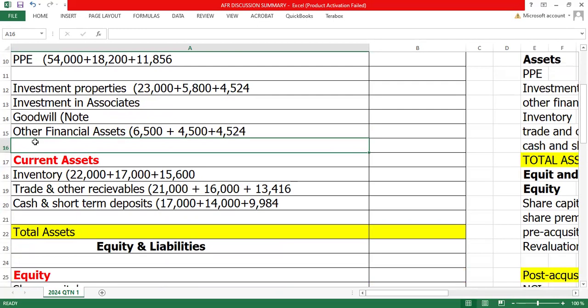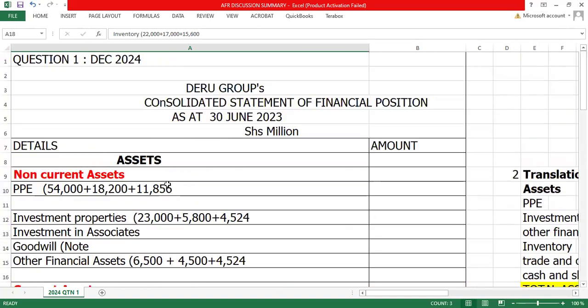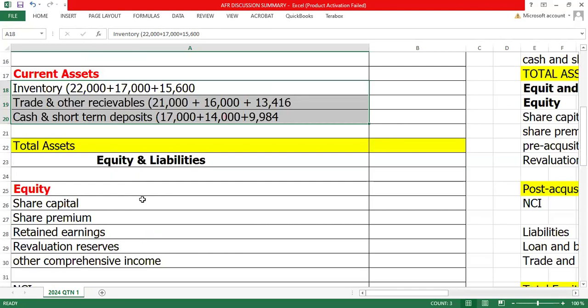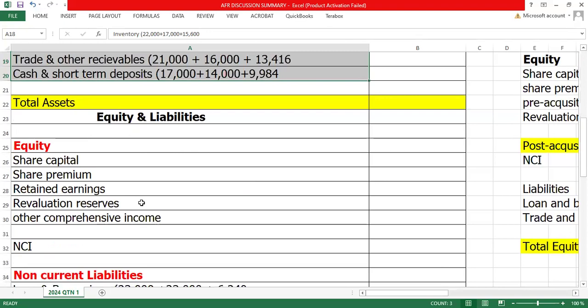Then you go to current assets. After current assets, also leave like 2 lines, because you can get a current asset or a non-current asset in additional information. So it's better you leave like 2 lines for security purposes.